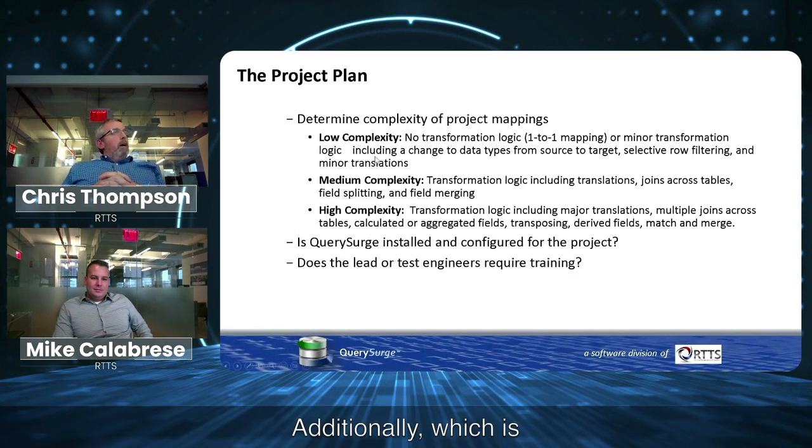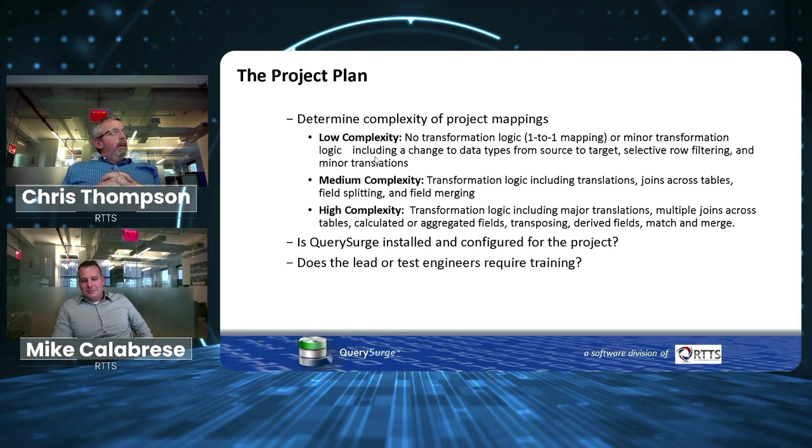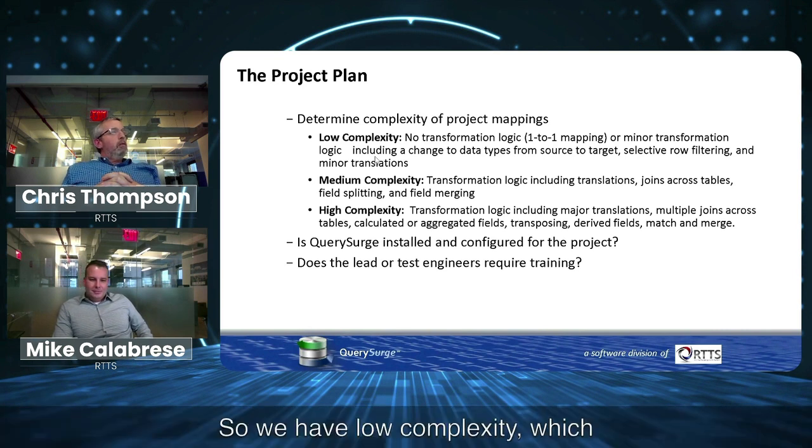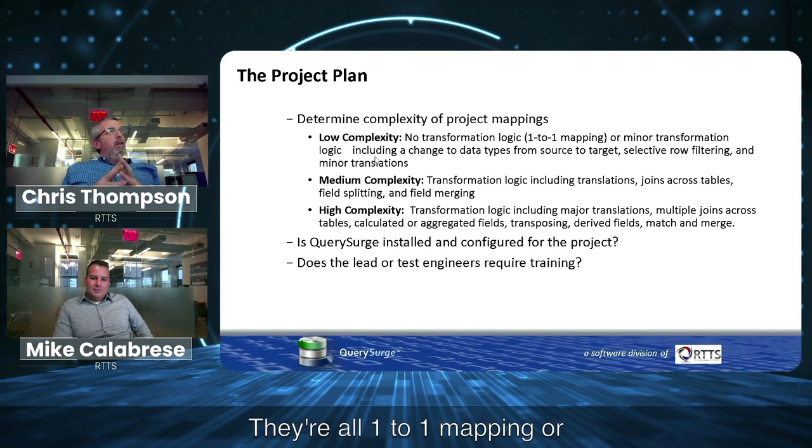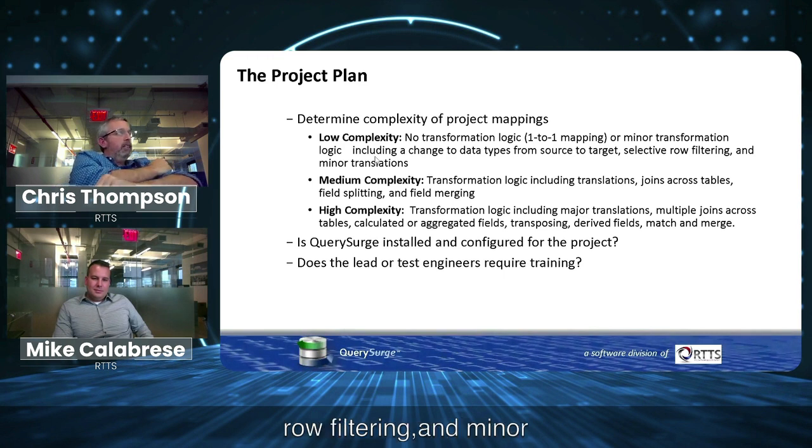Additionally, which is probably the hardest part of this whole process, is to determine the complexity of each mapping. This is no standard, it's just what we think is the best approach. Low complexity has no transformation logic. They're all one-to-one mappings, or have very minor transformation logic, including a change to data types from source to target, such as a varchar being converted to an integer, selective row filtering, and minor translations.